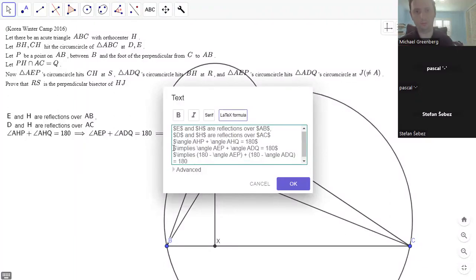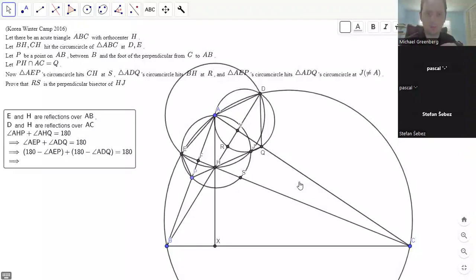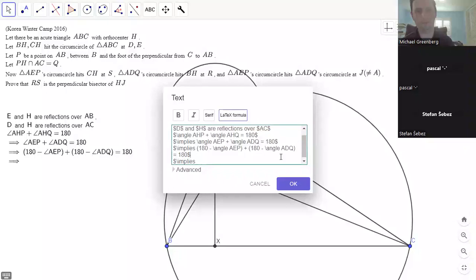That would mean that angle AJP plus angle AJQ equals 180.